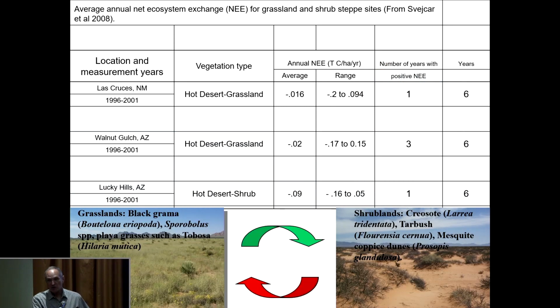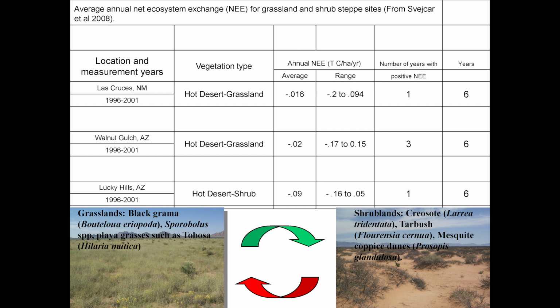These are some of the numbers that came with the eddy correlation tower from a paper that was published in 2008 by some colleagues in the Agricultural Research Service GraceNet network. And these are the numbers for Las Cruces at the Jornada Experimental Range, Walnut Gulch, Arizona, at the Agricultural Research Service lab there, at Lucky Hills at the ARS lab there, hot desert grasslands, hot desert shrublands.